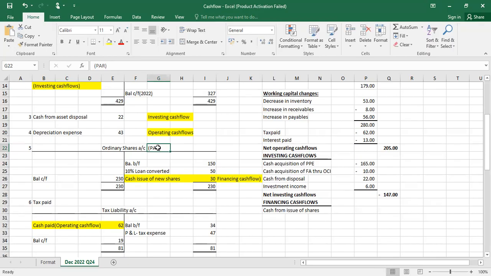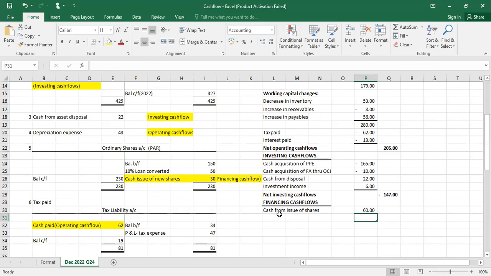That's why you have to counter-check the share premium and get any possible premium on this issue that we are now convinced we did have. So the total cash from our shares issued will be this 30 for the ordinary shares at par, plus for the share premium, another 30. So that's a total of 60. And that's a plus because we issued the shares, and so we are receiving money.